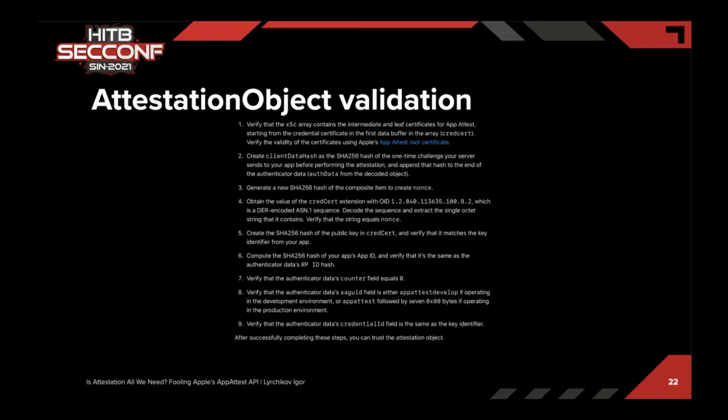After that, you compute a new SHA-256 hash of your application's ID and verify that it's the same as the authenticator data's RPID hash. I don't know why, but it's still necessary to verify that the authenticator data's counter field equals 0. I have no idea why they recommend doing it.